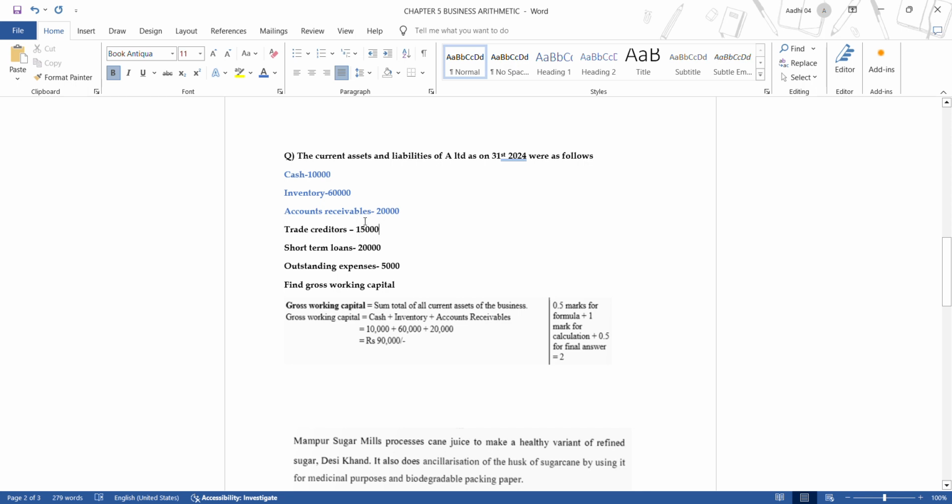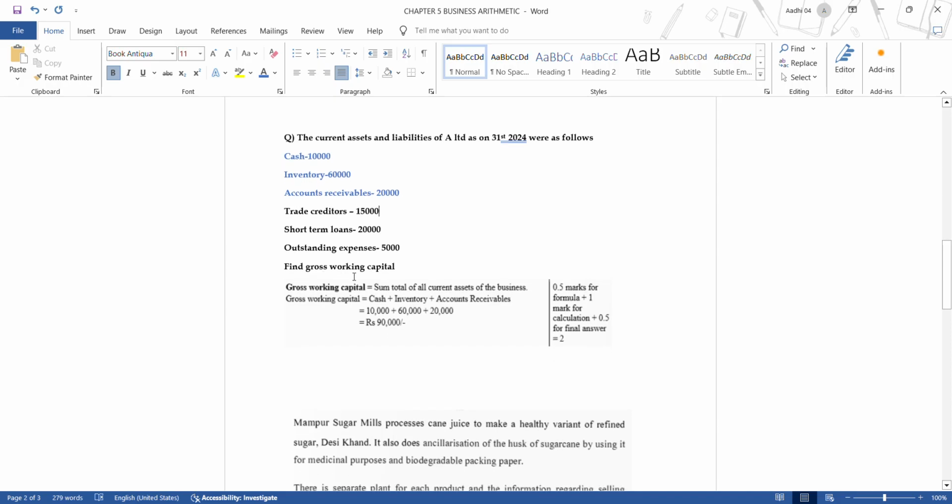Now accounts receivable means money which is borrowed from me or the company, say A Limited, should be repaid back to A Limited. So something which we have to get, so that is an asset. Inventory means stock of the company. Cash means the liquid amount. So these are the current asset and current liabilities.